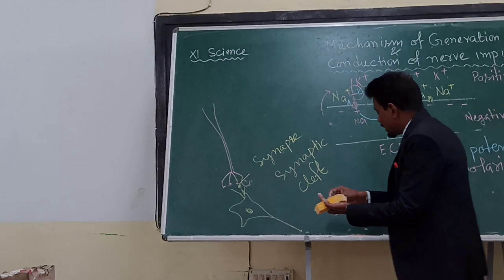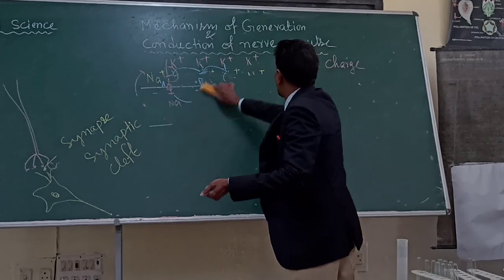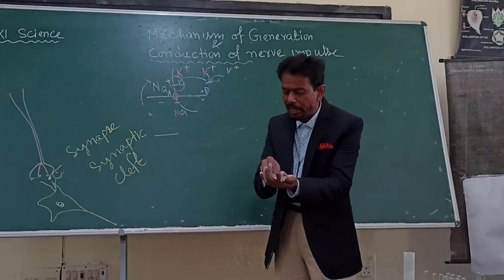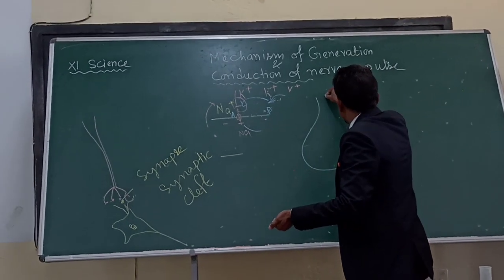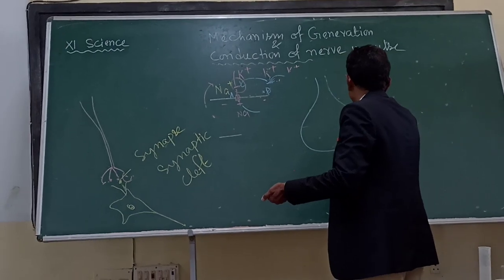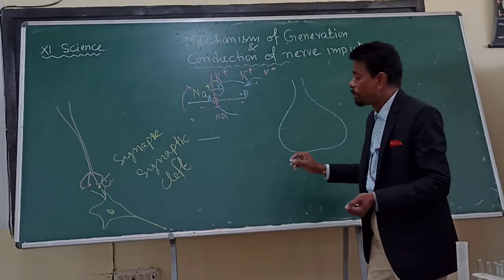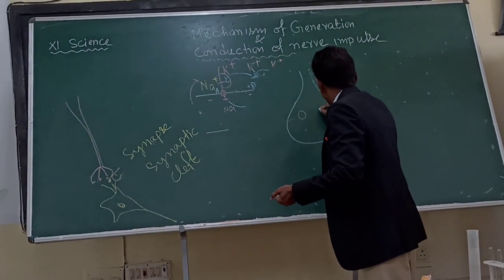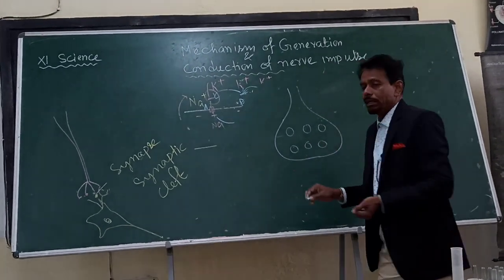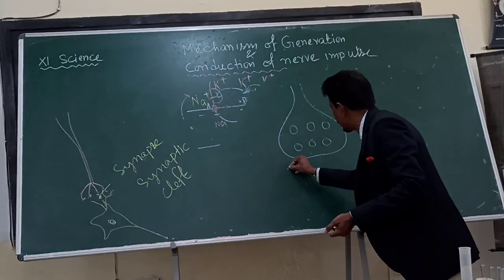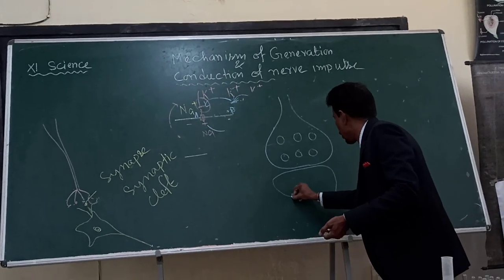How? See children, if I draw the synaptic knob in an enlarged form, this is the synaptic knob. It contains synaptic vesicles, and here is the knob of another neuron.